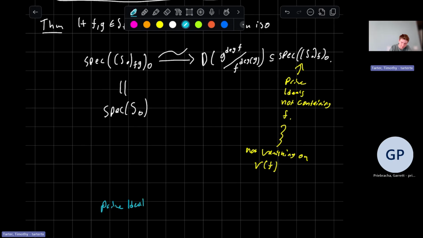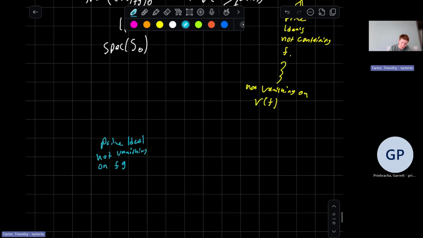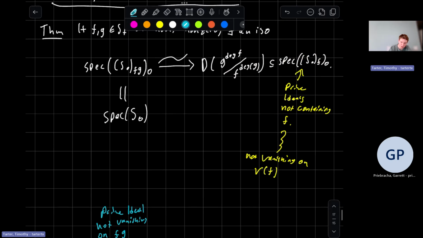Prime ideal not vanishing on FG, which corresponds to DF union DG.